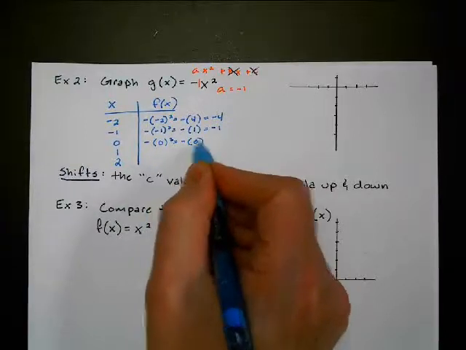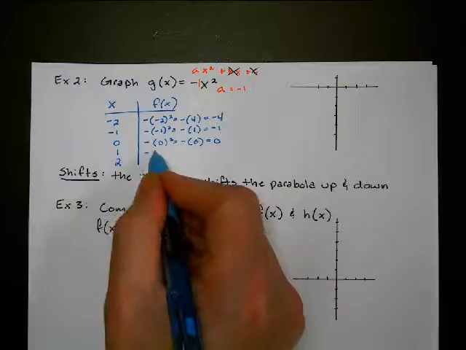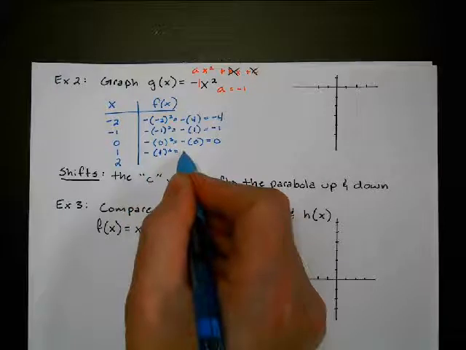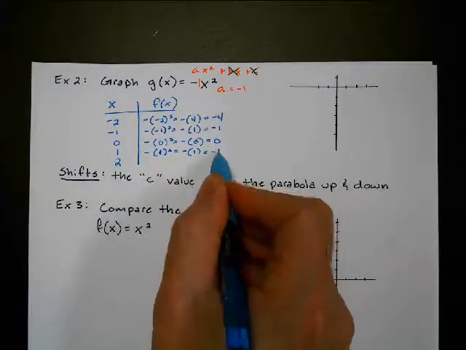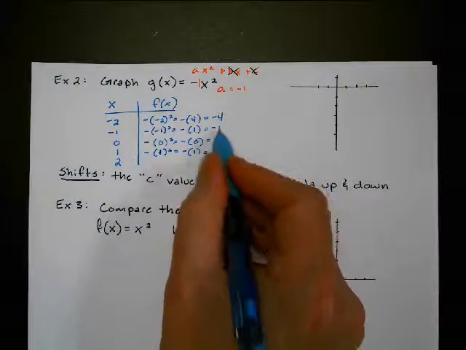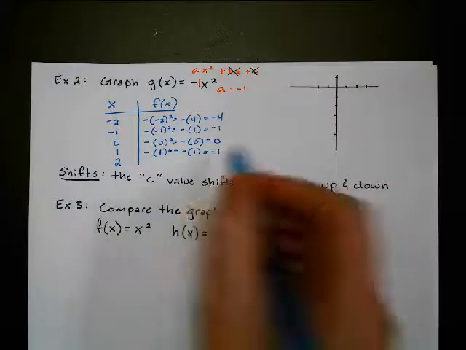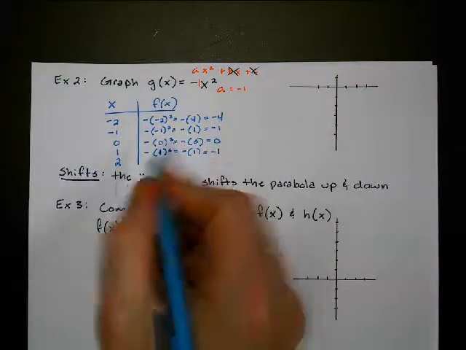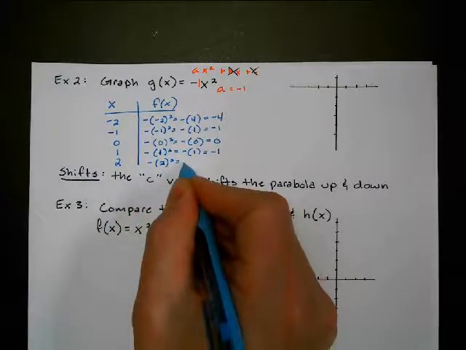Let's plug in 1. 1 squared is 1, and then I have a negative out front, so this becomes -1. See, we're getting that same number there. It's because it's a mirror image. It's a reflection across the axis of symmetry. And you might have predicted it already. We should get -4 when we plug in 2. And we do. We get -4.